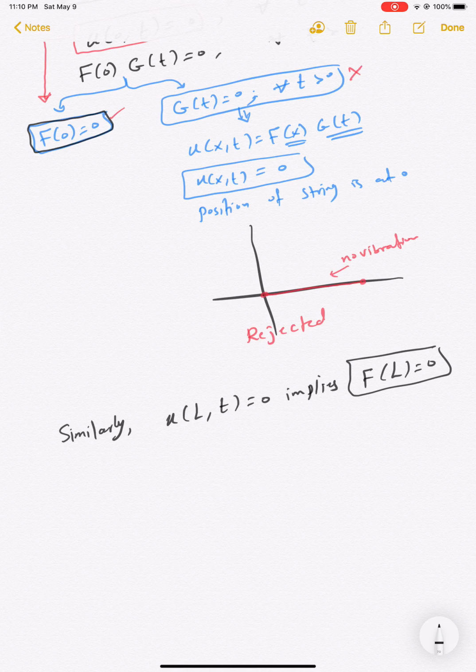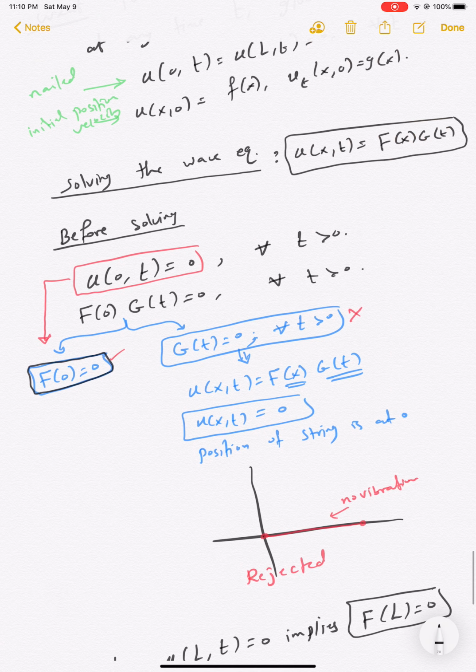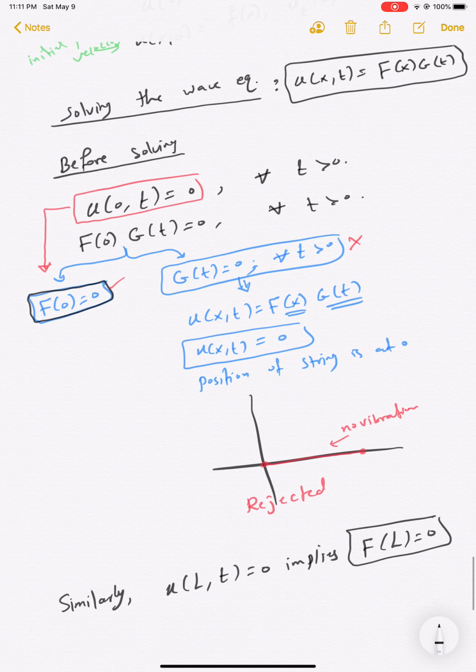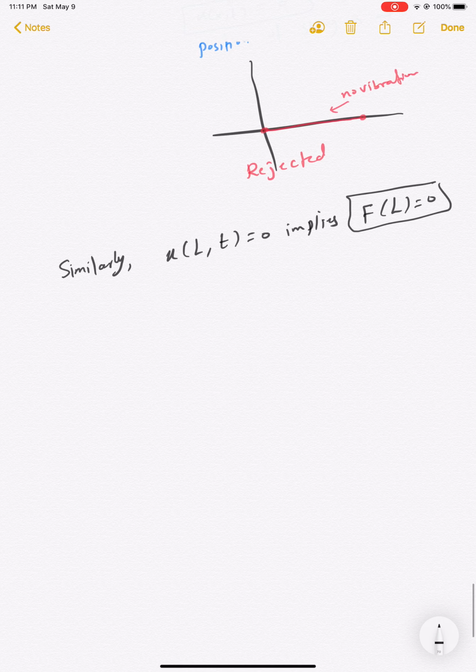We have two conditions on f. These are like boundary conditions for f. Remember, f is one of those two functions which make our solution. Our solution is a product of f(x) and g(t). Okay, so this is before solving. We wanted this remark. It is very important, you will see. So now we start the solution.